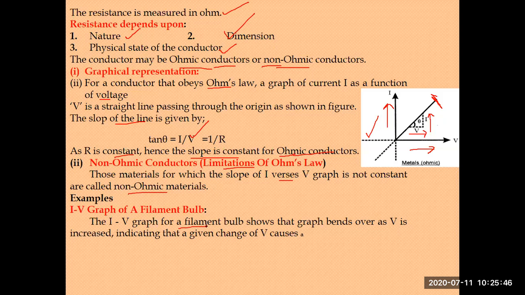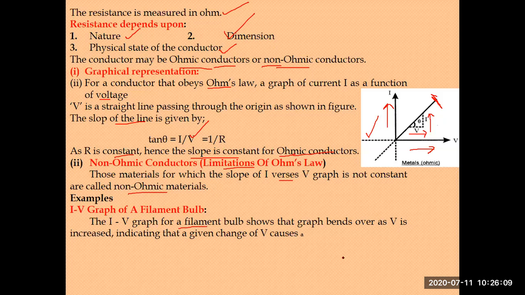Why? Because when the bulb starts glowing, its temperature is low, but with the passage of time, you will see that the filament becomes hot. This is another example, and there are a number of other examples where the temperature of a conductor increases with the passage of time. So that's why the graph is not a straight line.